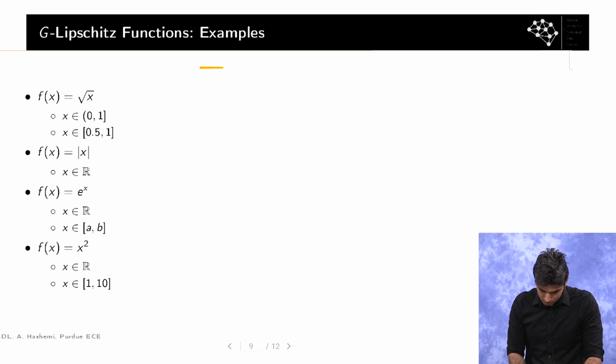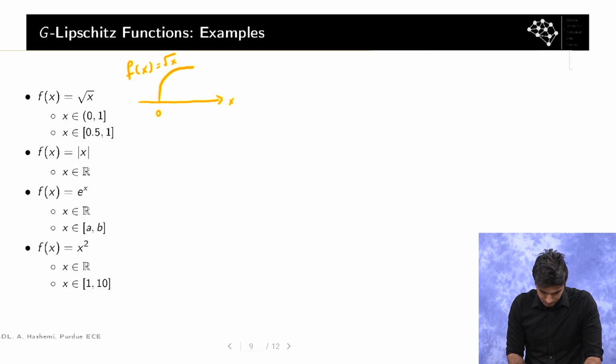Okay, so let's see what we expect. If I draw the square root, it's something like this. So this is the function f(x) equal to the square root of x. Okay, this is the x-axis.